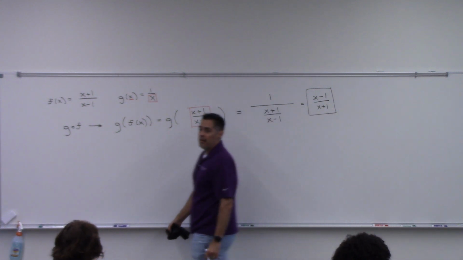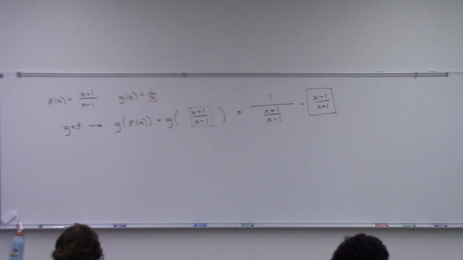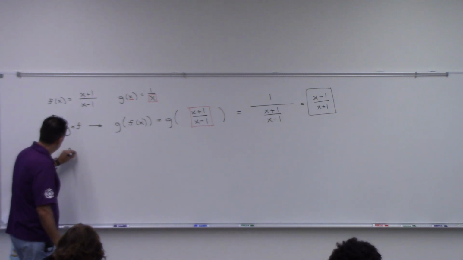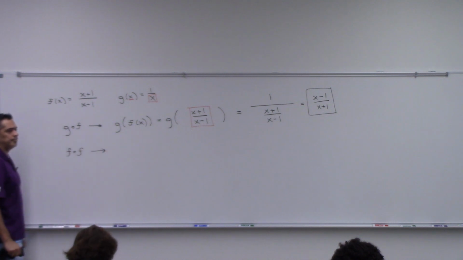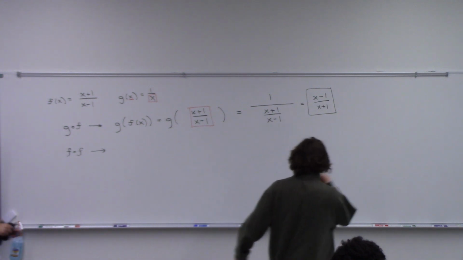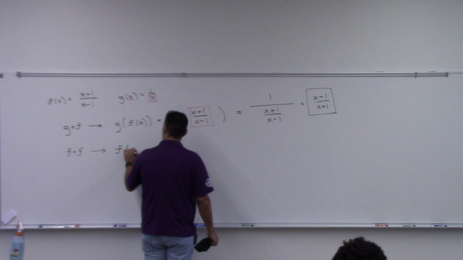Let's do f of f. I think f of f is much harder than g of g. F of f. So this is f, and inside of f goes what?